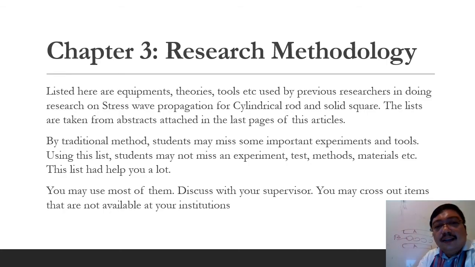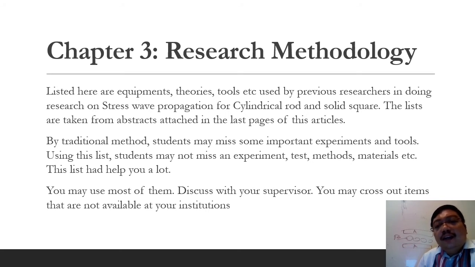Now we're talking about research methodology. I have listed many equations, materials, testing, experimental. You may not miss a thing, because usually students do not know what to do. Okay, when they are reading the journal, they don't understand, and they may miss some important equipment, some important machinery, testing, behavior, property.